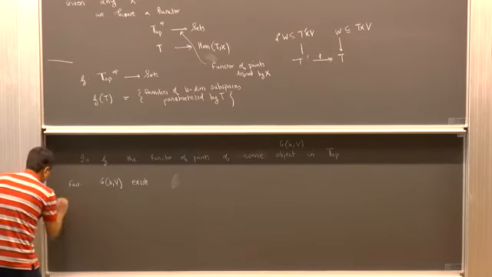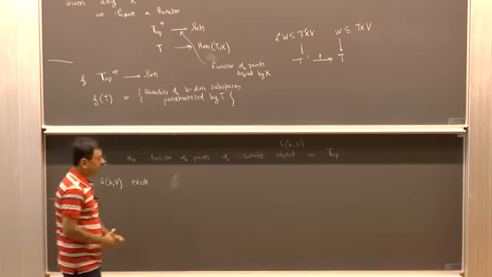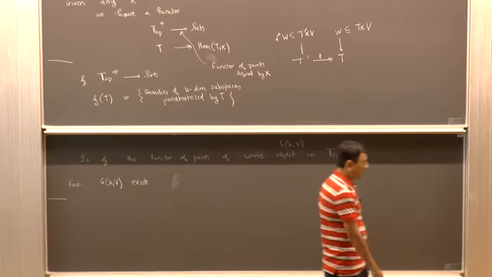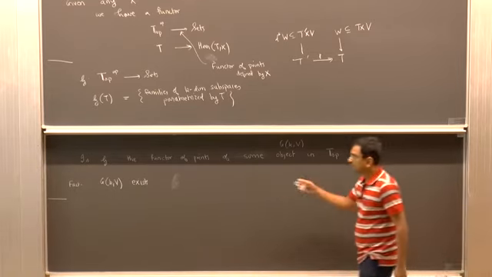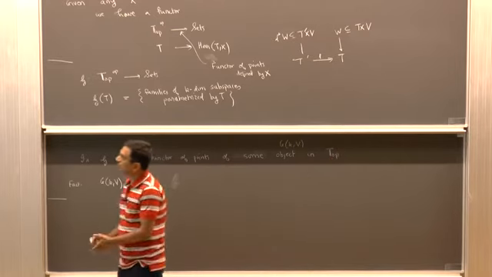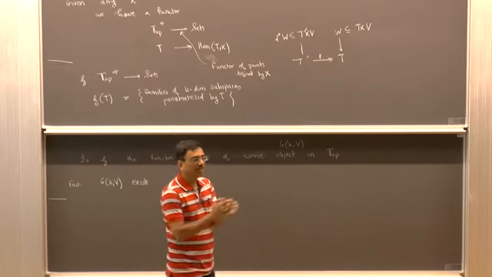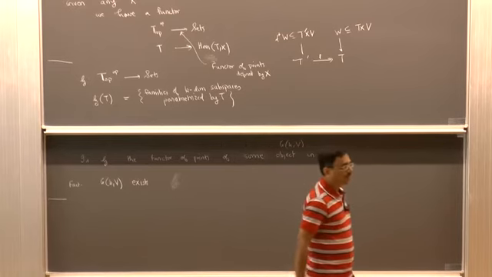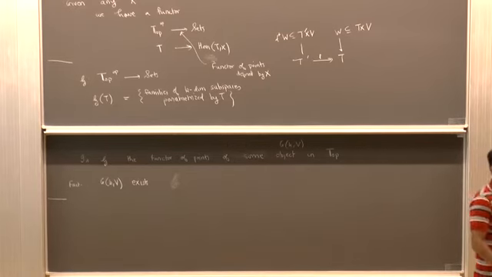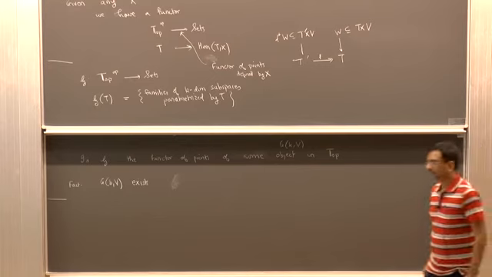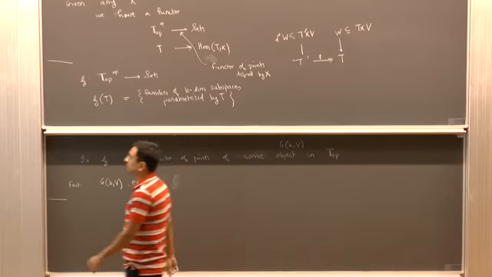But I could try a similar problem. Let's say I want to parameterize now, instead of k-dimensional subspaces of V, just k-dimensional vector spaces.